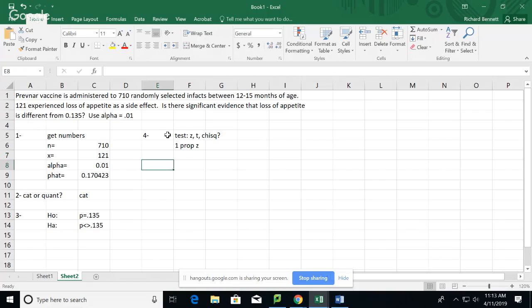Hey, what's the equation? We gotta hurry, we're going to run out of time. Z equals P hat minus P over the square root of PQ divided by N. Okay? Brenda, can you take it away?